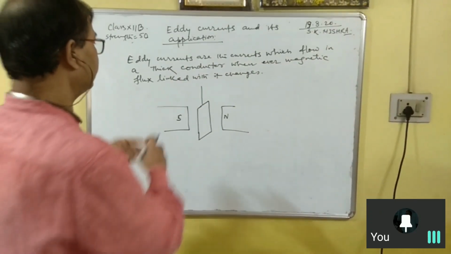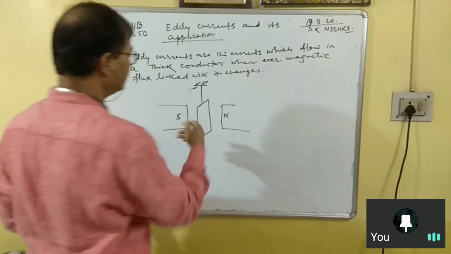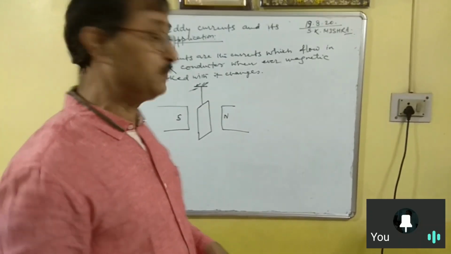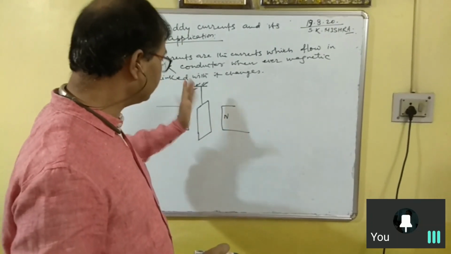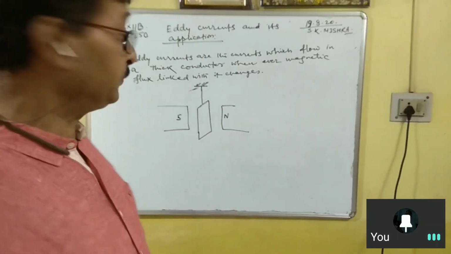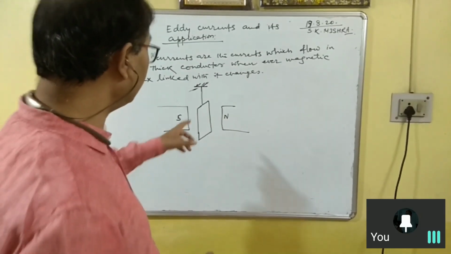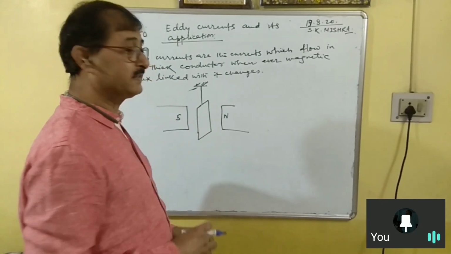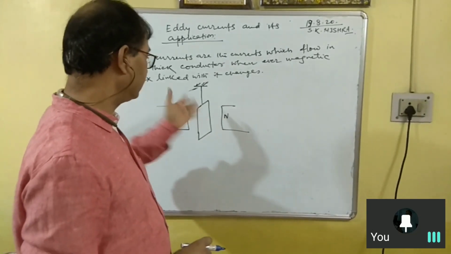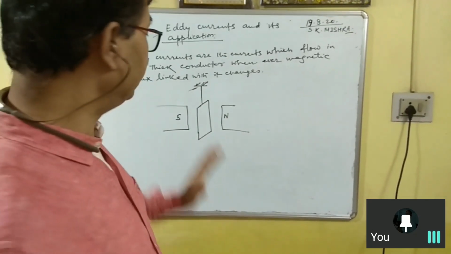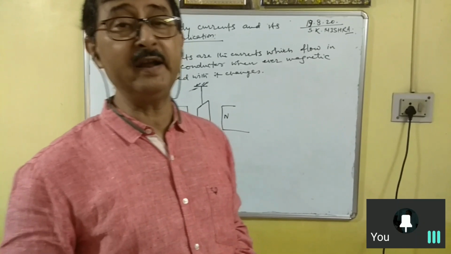If you oscillate it, say it is suspended, you will find some current is produced in it, and the oscillation of this thick conductor is opposed. The reason is the oscillation of this plate, and the eddy current will oppose that oscillation. So the oscillation will be damped out and immediately stopped.